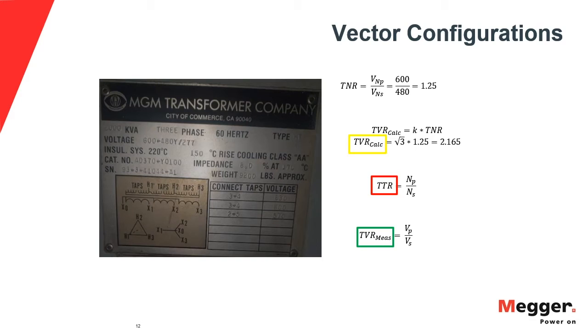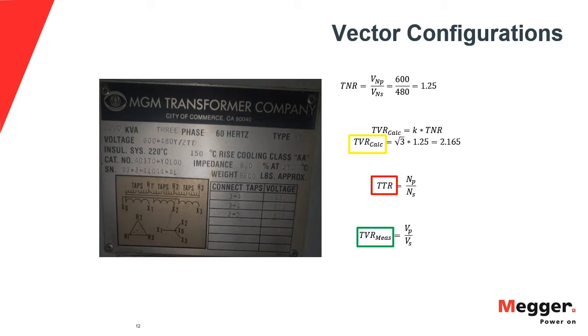I know that for a D1N1 I need to multiply that 1.25 by square root of 3. So I do that, and I obtain 2.165 as my calculated TVR.